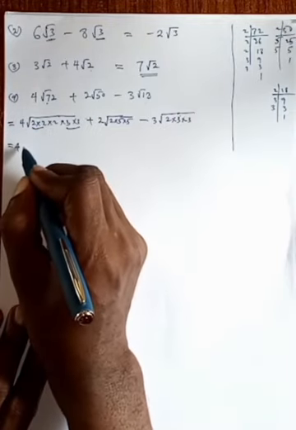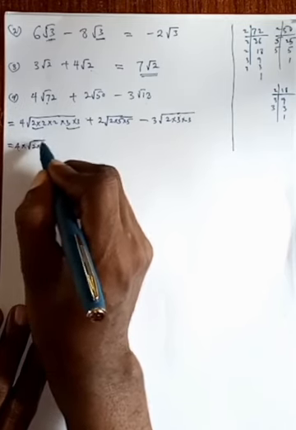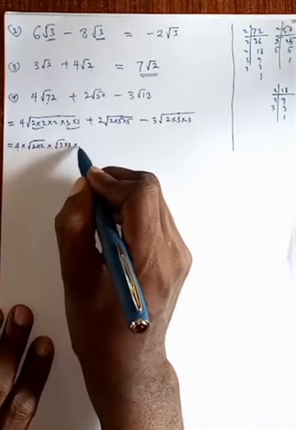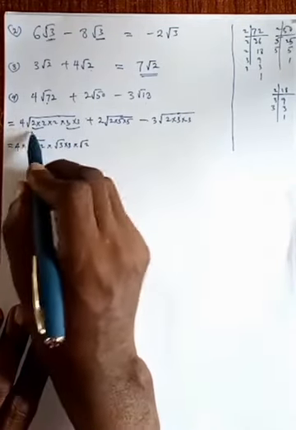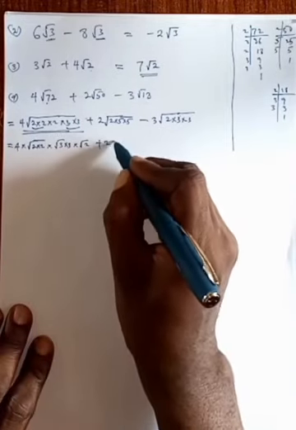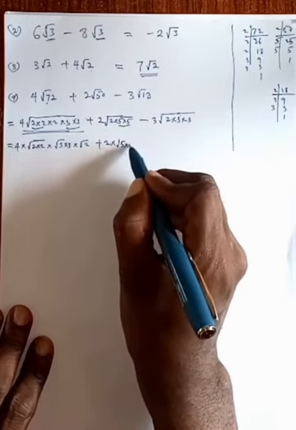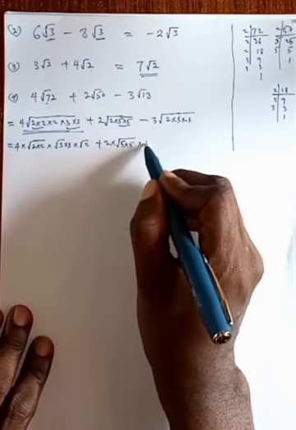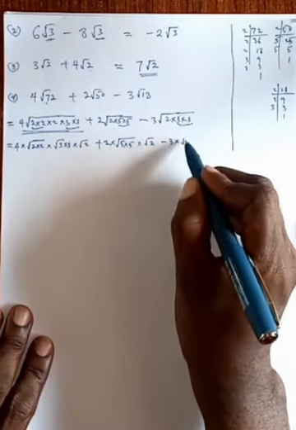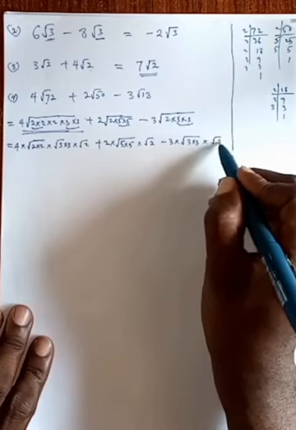So that becomes 4 multiplied by 2 times 2 multiplied by 3 times 3 multiplied by root 2. In this first case, this root 2 will come last here, plus 2 times, so I have to consider this one first, 5 times 5 multiplied by this root 2 here, minus 3 times, this one we also have to consider first, 3 times 3 multiplied by root 2.